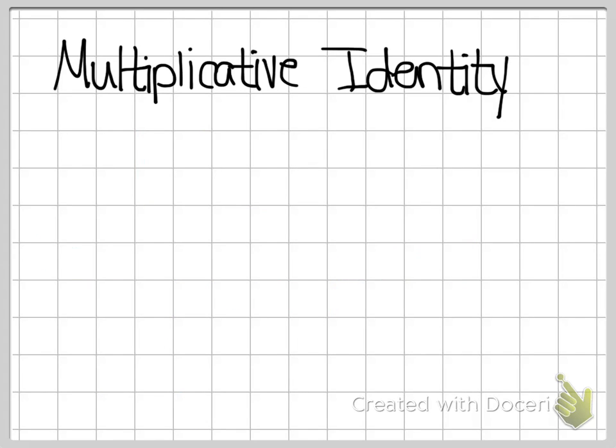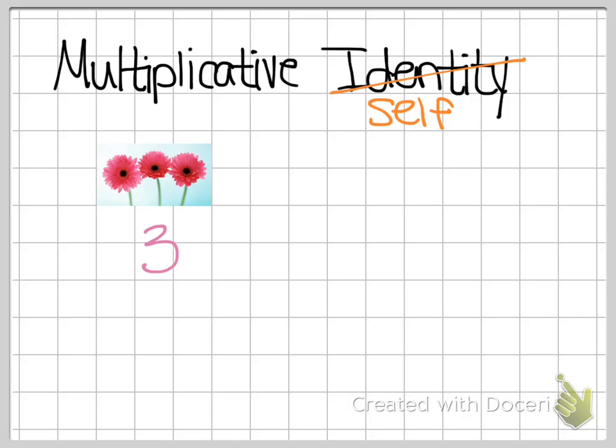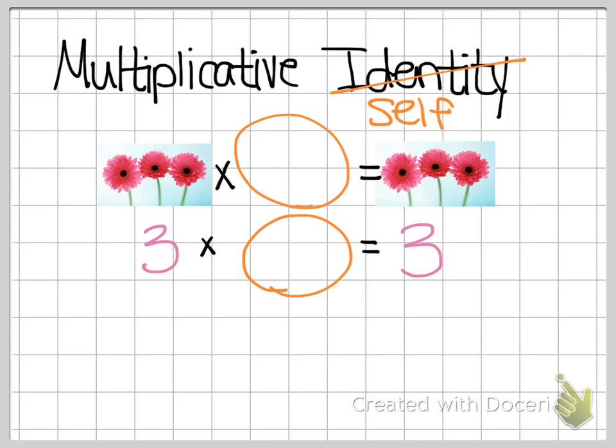So now that we are familiar with rationals, let's talk about multiplication and its properties. Just like addition, multiplication has an identity. And students are pretty quick with identifying self with identity. So if I begin with 3 flowers, and I want to be the only person with 3 flowers at the end, how many groups of flowers will I ultimately have? 1.